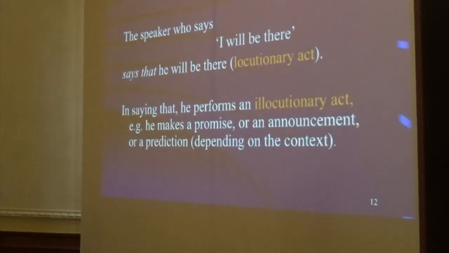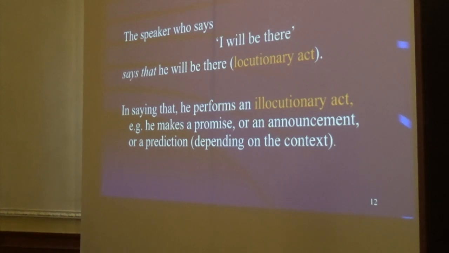So an example that Austin gives: the speaker who says, I will be there, performs the locutionary act, namely the act of saying that he will be there. Saying that is a locutionary act. And in performing that locutionary act, in saying that he would be there, the speaker performs an illocutionary act, namely, for example, the act of promising that he would be, or the act of announcing, or the act of predicting.